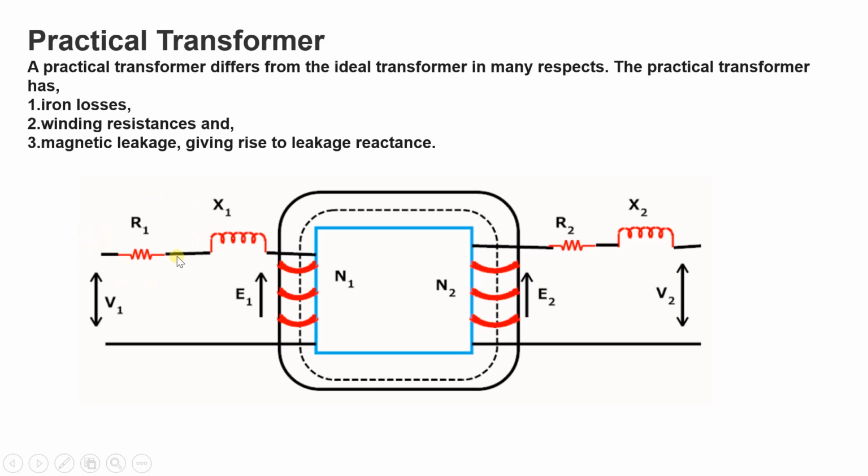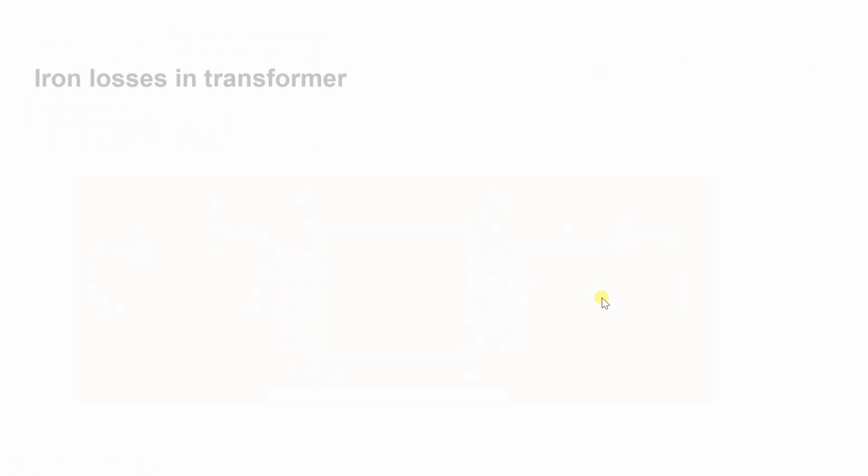Here this is R1, the resistance, with the voltage drop across R1, and this is the reactance X1. These two are on the primary side, and R2 and X2 are on the secondary side. Now we will discuss why we have R1 and X1 on the primary and R2 and X2 on the secondary side.